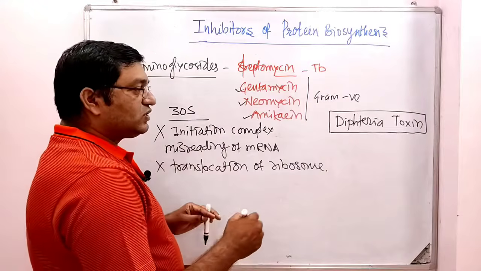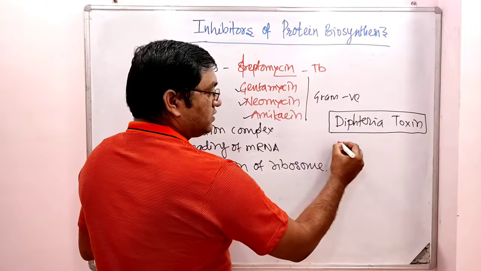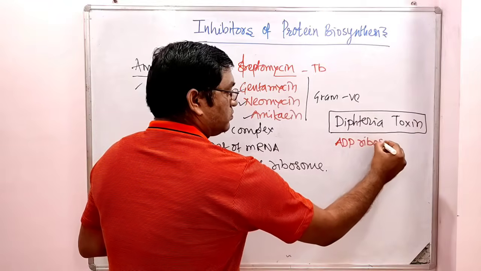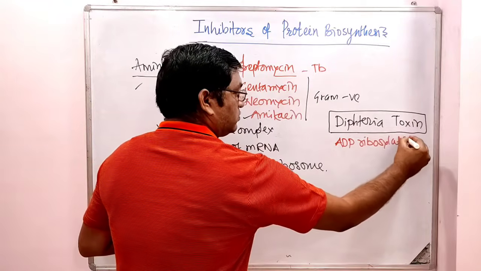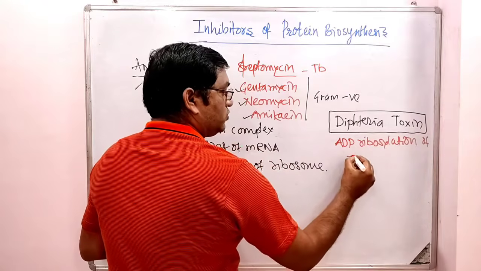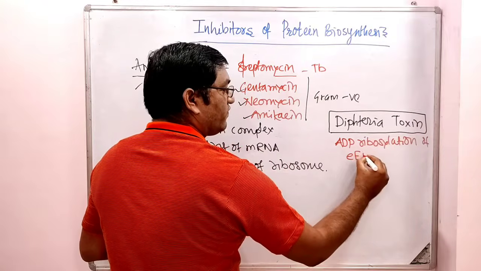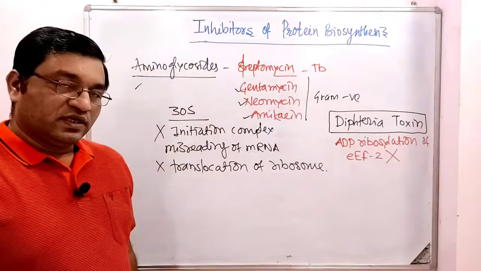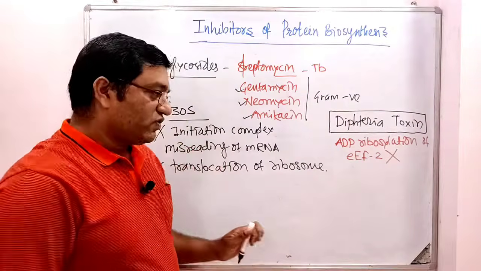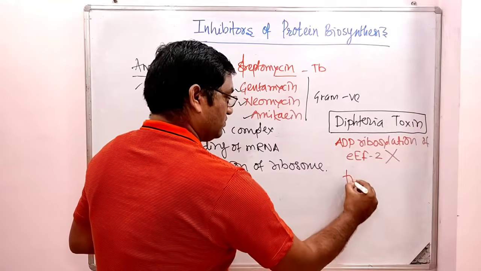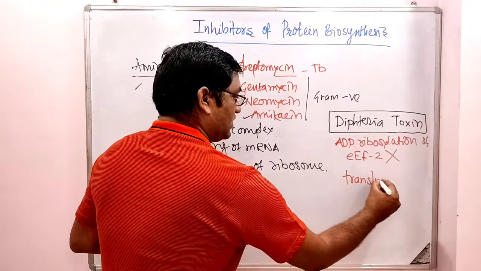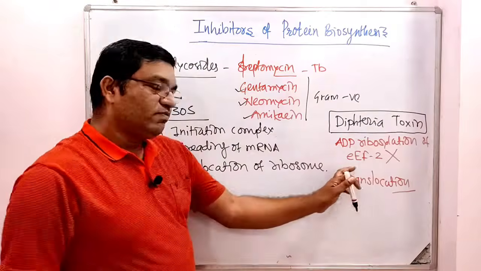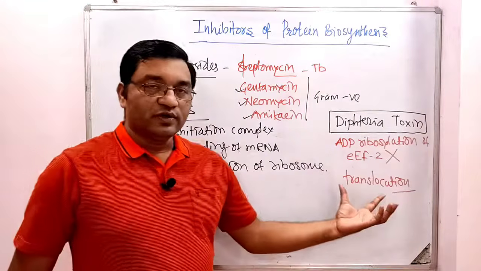So this diphtheria toxin causes ADP ribosylation of eukaryotic elongation factor 2 and inactivates this factor. This factor is required for the translocation of ribosome. So it will block the elongation process in eukaryotes.